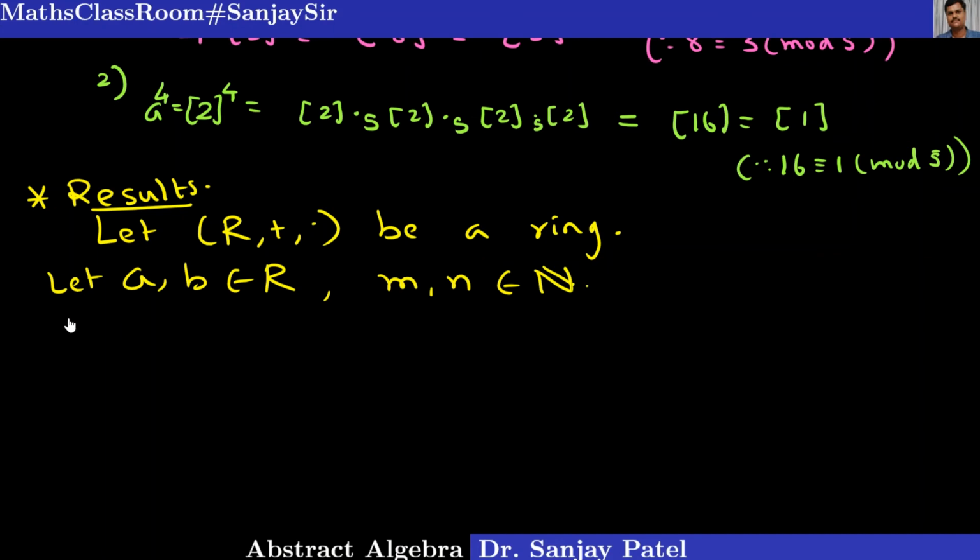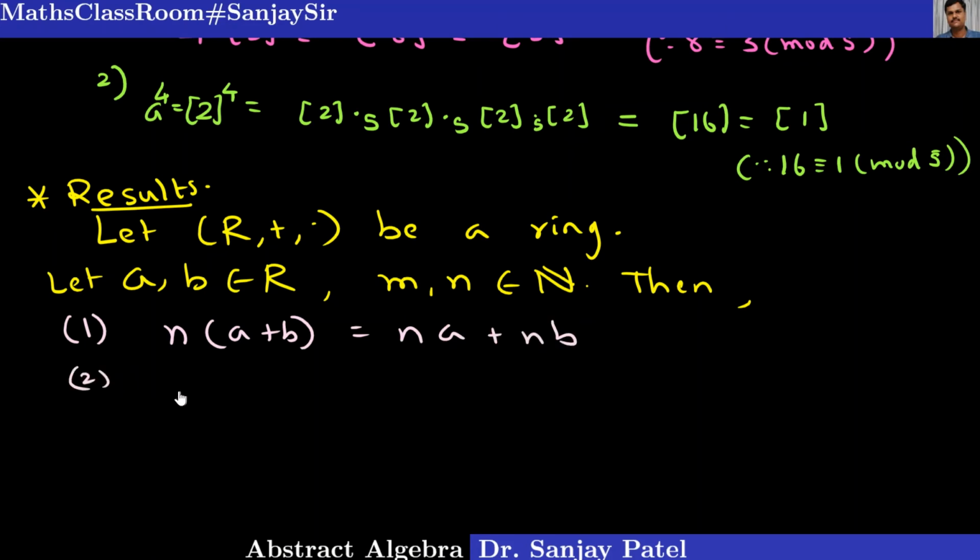Then we have the following results. These results are very useful. So the first one is n(a + b) equals na plus nb.